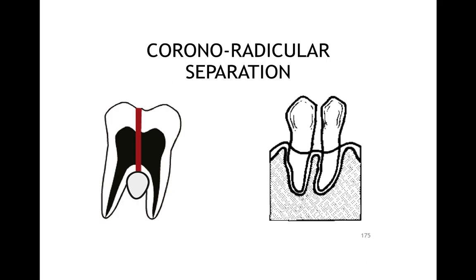Coronal radicular separation. Coronal radicular separation is used when the inflammation, granuloma or abscess is located between roots or on the bifurcation. Mostly this technique is used on lower molars when the inflammation is located at the bifurcation.